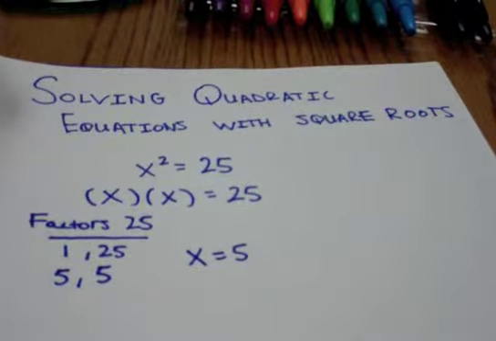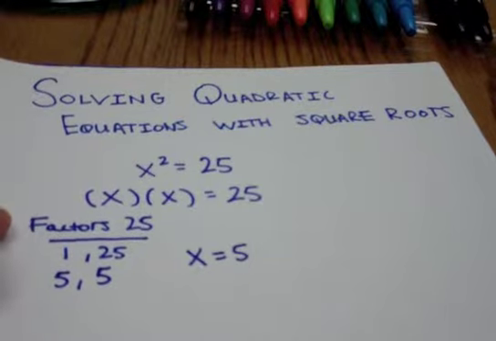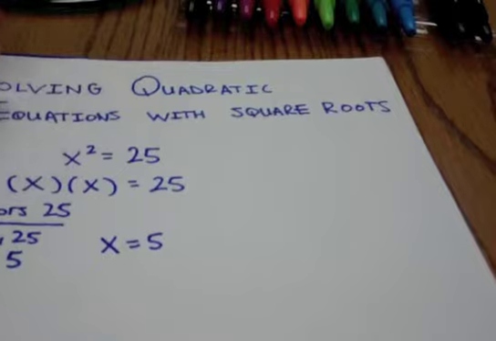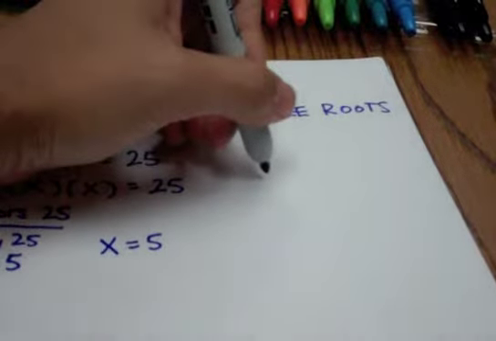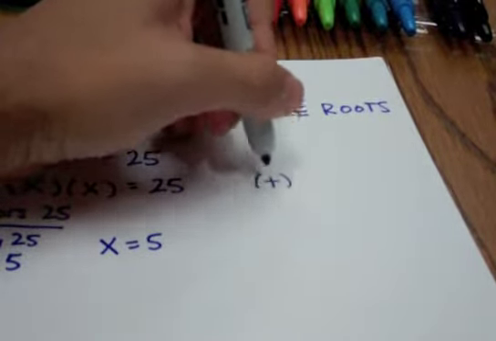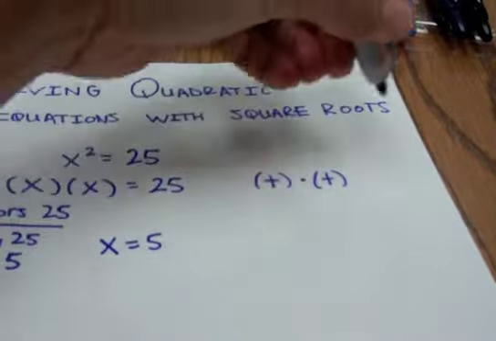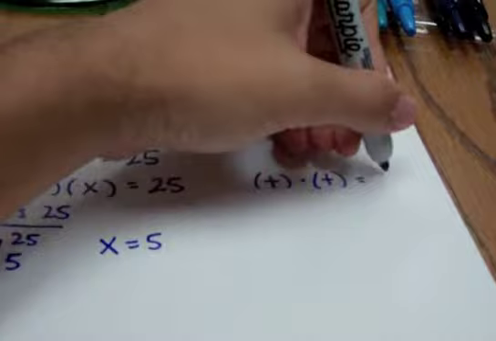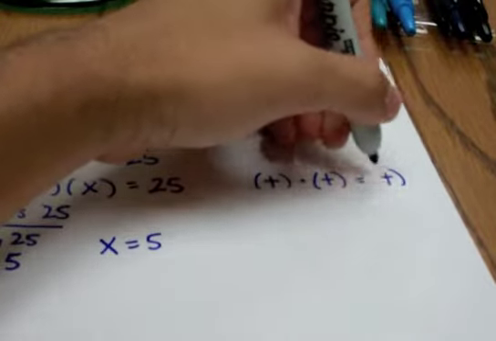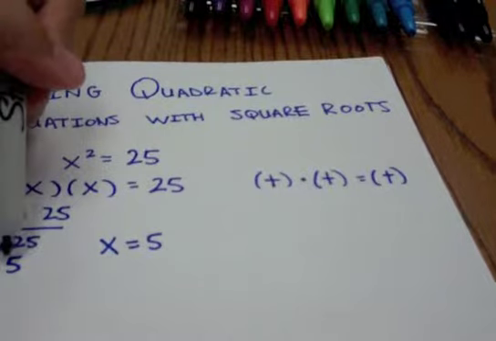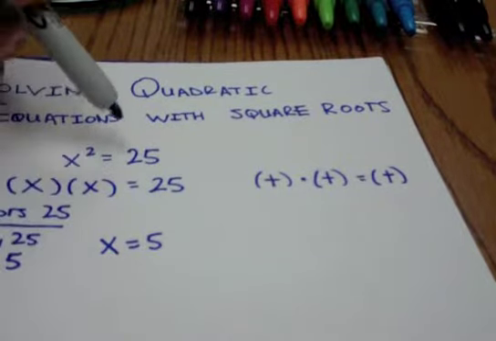But we're not done, because if you remember from your order of operations days, if you have a positive number and you multiply it by another positive number, you'll get a positive solution. So in this example we had the 5 multiplied by the 5 to give us 25.